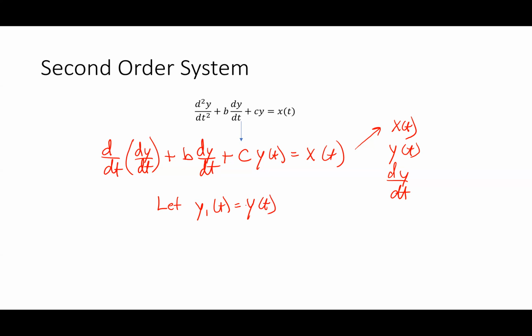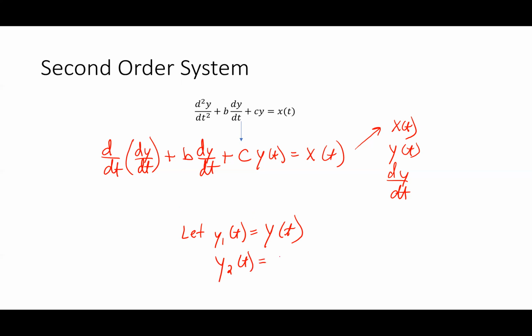In other words, I've just renamed it y1. No big deal about that. The other thing is I'm going to define another variable, y2 of t, equal to dy by dt, or using this definition, dy1 by dt.